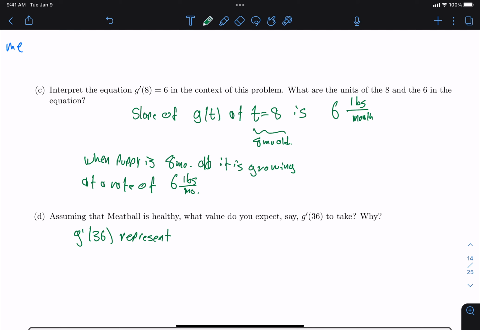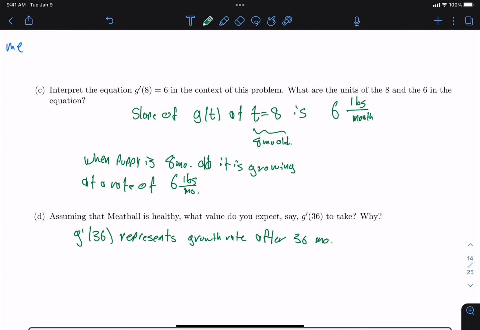So the rate at which this dog is gaining weight after 36 months represents growth rate after 36 months.